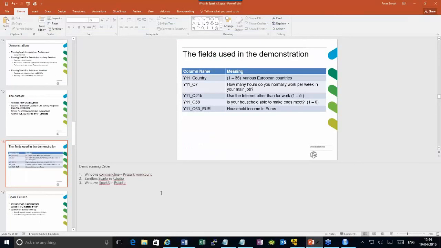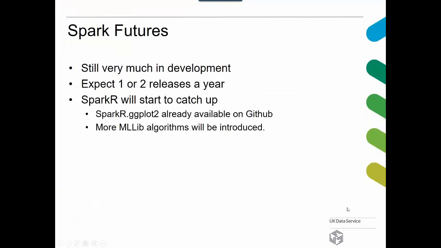Just to summarize a bit, I think I mentioned that Spark is still very much in development, and SparkR even more so. But you can certainly expect one or two releases a year, adding new functionality as we go. And certainly SparkR's got some catching up to do.